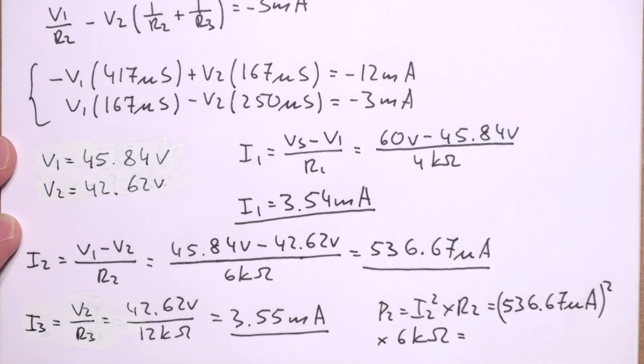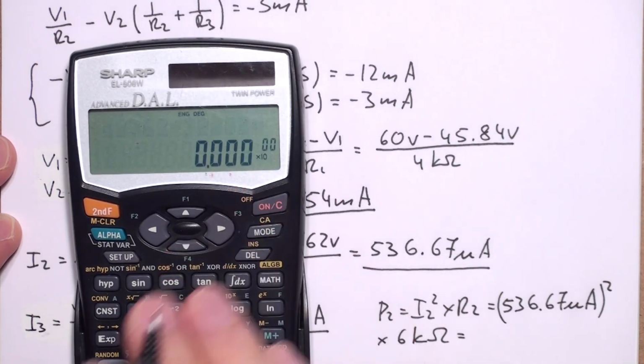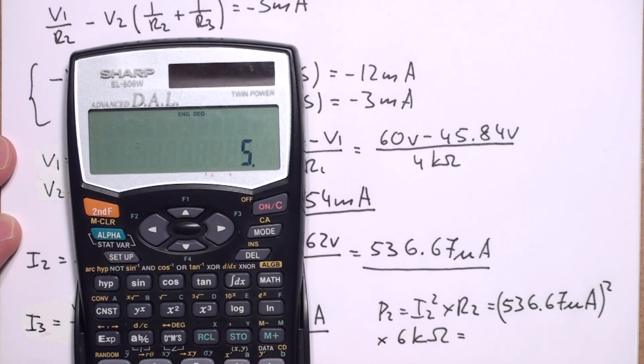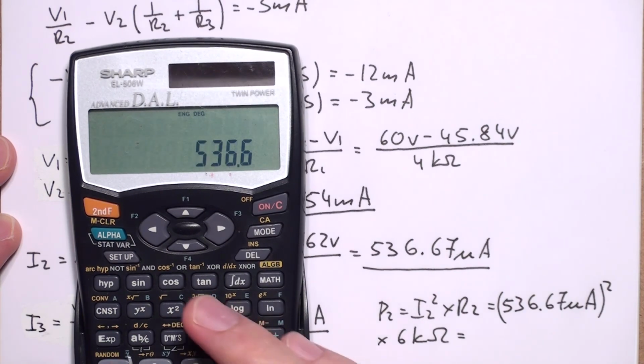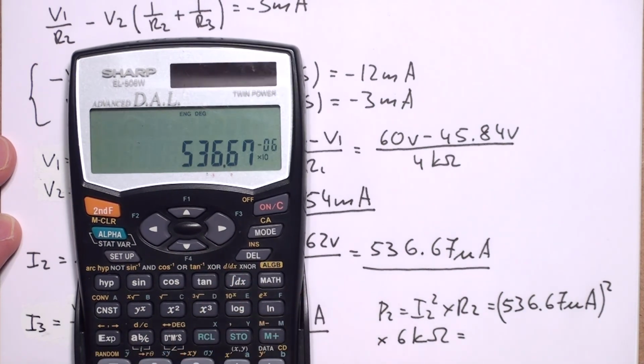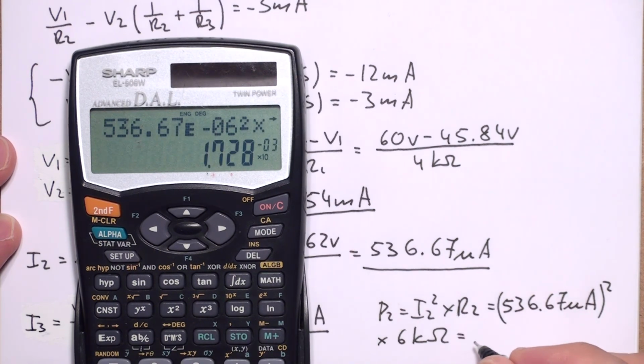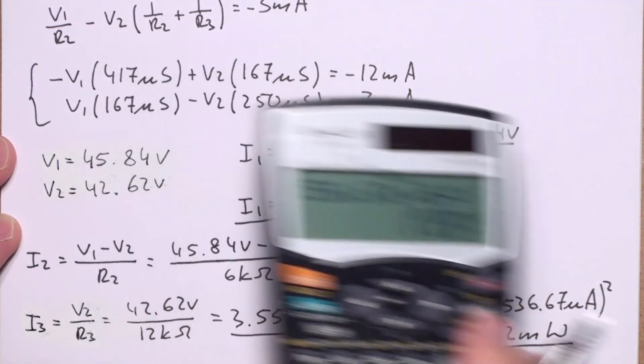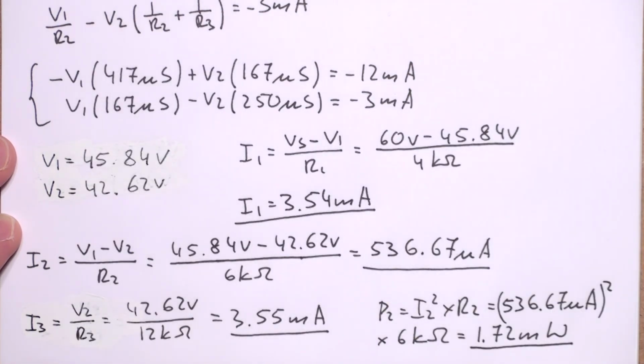Here's the calculator, so I have 536.67 exponent 6 negative squared times 6 exponent 3. This is equal to 1.72 milliwatts. Okay, so this is my power P2, and at this moment I can say that the problem is solved.